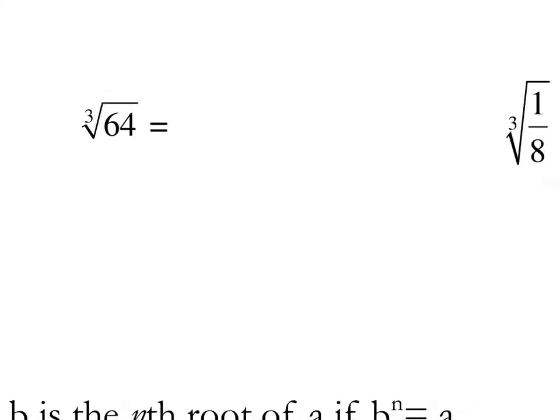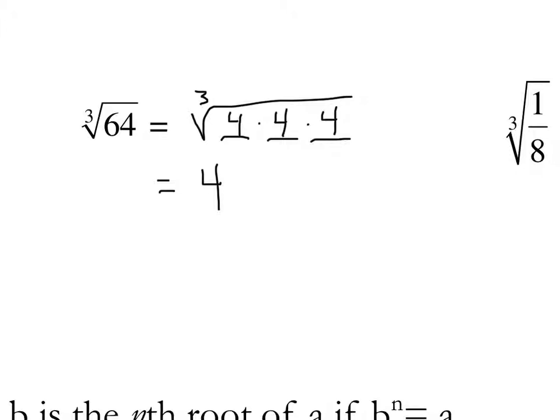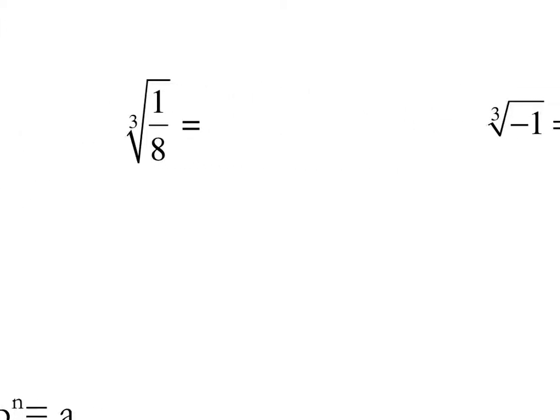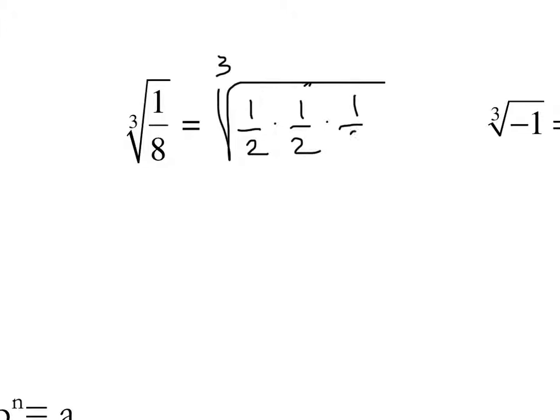64. We're looking for a number that you can write down 3 times and multiply, and you will get 64. What is that number? 4. So the cube root of 64 is 4. 1/8. We're looking for a fraction that you can write down 3 times, multiply together, and you get 1/8. 1/2.